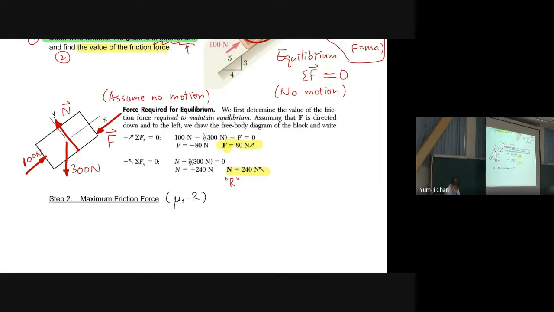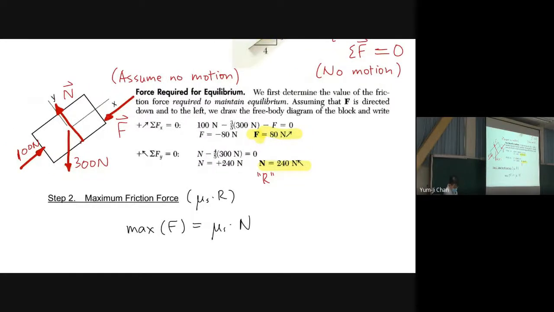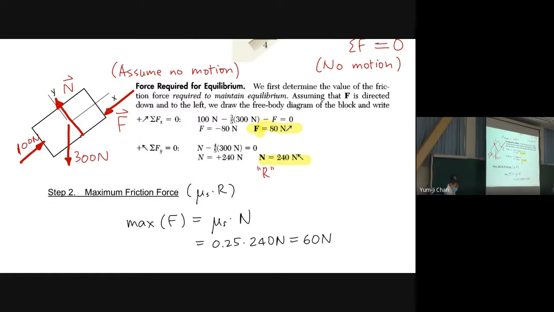So the maximum friction force is equal to mu s times N in this problem, which is equal to 0.25 times 240 Newtons equals 60 Newtons.